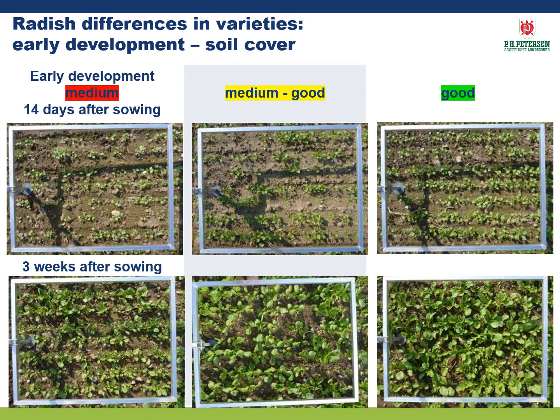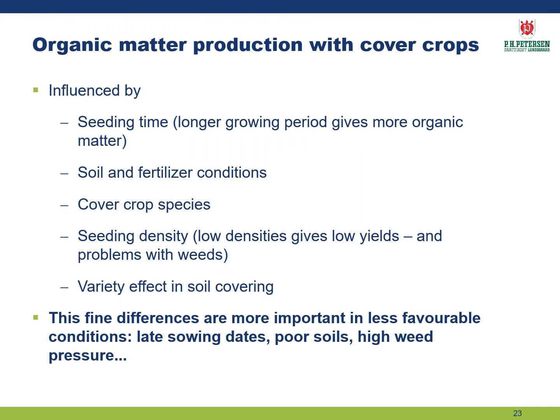Here 3 weeks and you see that the field is totally covered. The fine differences are more important in less favorable conditions such as late sowing dates, poor soils and high weed pressures.